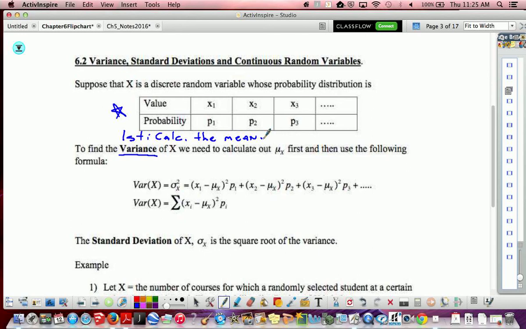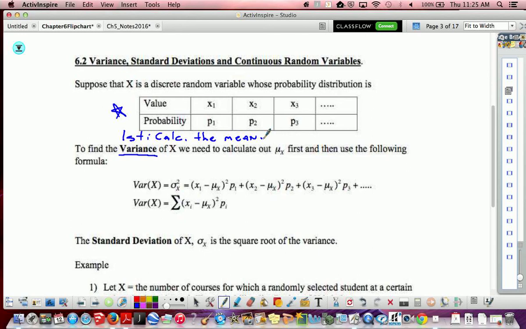So if we recall way back to our chapter 1 days on calculating out standard deviation, we actually would calculate out the variance first. The variance is, again, just the standard deviation being squared. So what we would do is take a look at how far away our result is from the mean.